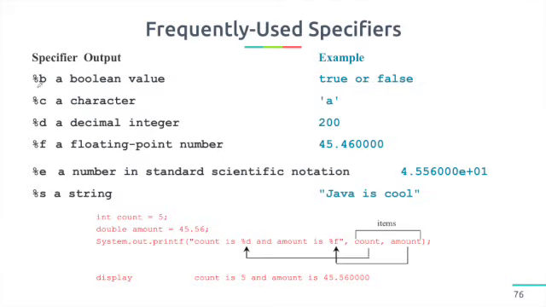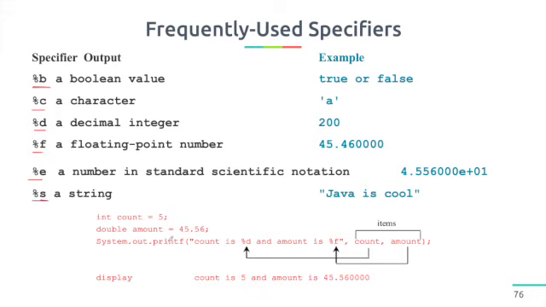For example, if we wanted to format a Boolean, we will use %b, %c is for a character, %d for a decimal integer, %f for a floating point number, %e for a scientific notation, such as this one, and %s is for a string.